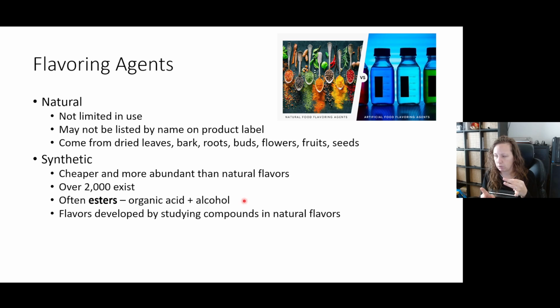I'm missing one. I don't know. But taste is just those very simple tastes, right? And aroma, the true flavor of things, is actually because of how we smell as we eat. Okay. And so our olfactory, our smelling senses, detect esters better than other compounds from an odor standpoint.